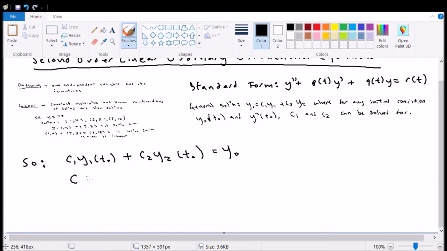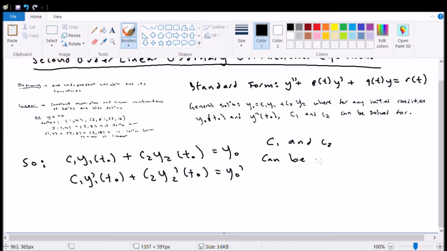And then you have C1 y1 prime of the initial time plus C2 y2 prime of the initial time equals y0 prime. And so like I said, if you substitute the initial condition into both the function and its derivative, you should be able to solve for C1 and C2. And if you can't solve for that with the general solution that you have and the derivative of it, then it's not a general solution.